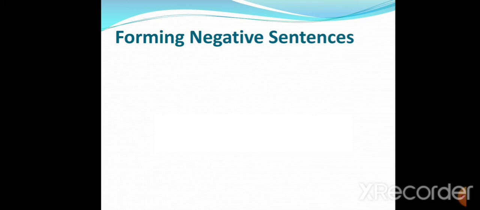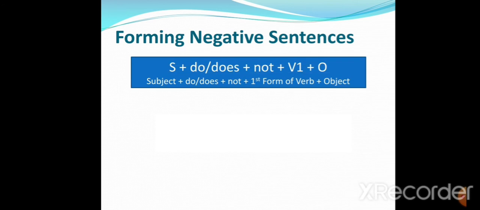How do we form the negative sentence? Here we say subject plus do or does plus not plus first form of verb plus object. No need to worry, I will explain with an example and it will be easy for you to understand.